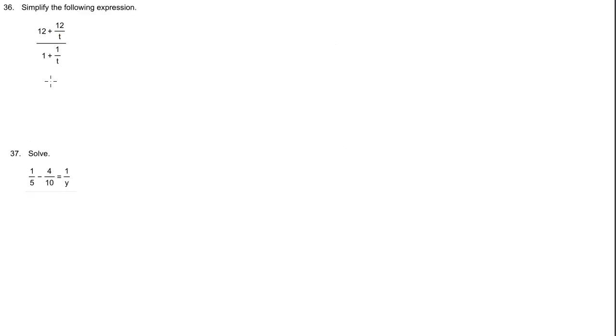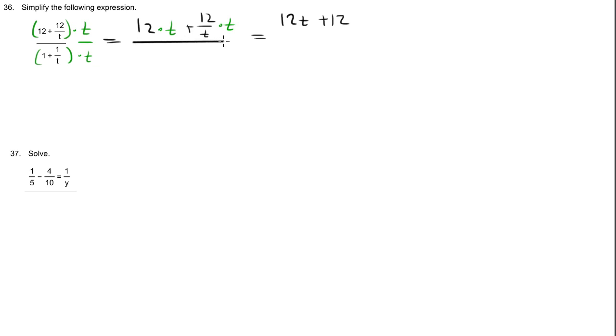Now, let's simplify this compound fraction. We're going to multiply the top by t and the bottom by t. And that will get us 12 times t plus 12 over t times t, which is 12t plus 12, which is 12 times t plus 1.